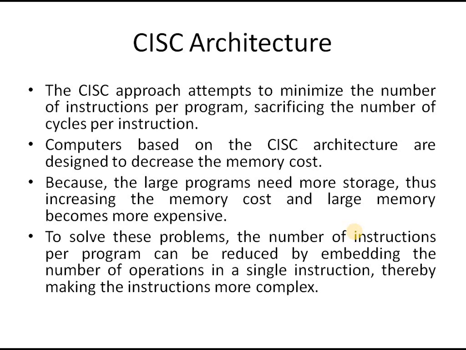Now CISC architecture. The CISC approach attempts to minimize the number of instructions per program, sacrificing the number of cycles per instruction. Computers based on the CISC architecture are designed to decrease the memory cost because a large program needs more storage, thus increasing the memory cost, and large memory becomes more expensive.